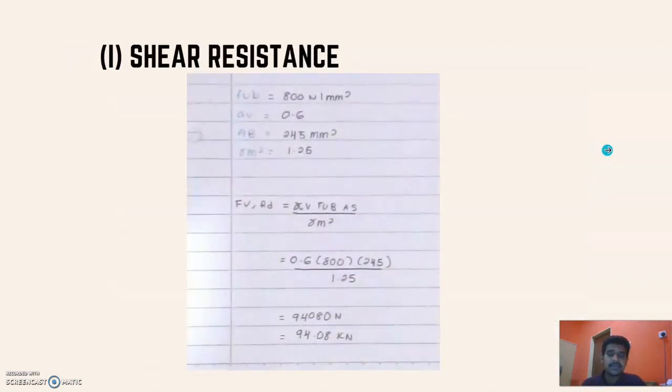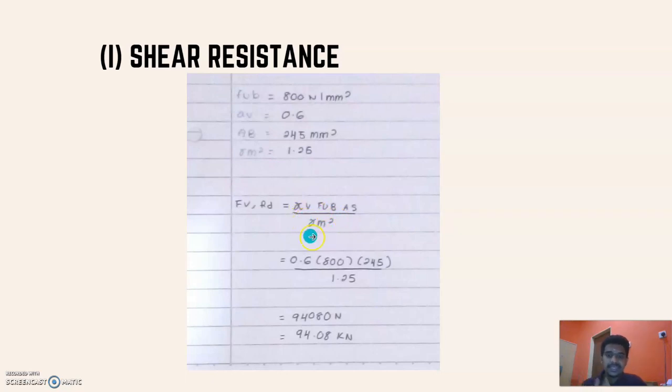The first step we want to identify is shear resistance. The fub, the alpha v, the As and gamma M2 we gathered in Eurocode. fub is 800, alpha v is 0.6, As is 245 and gamma M2 is 1.25. The formula of this shear resistance is Fv,Rd equals alpha v fub As over gamma M2.